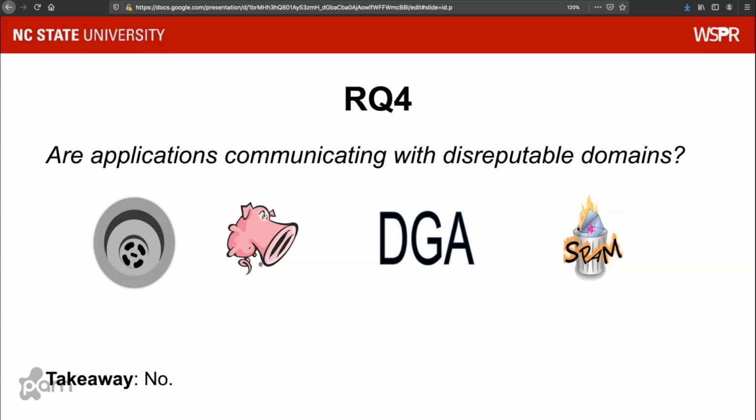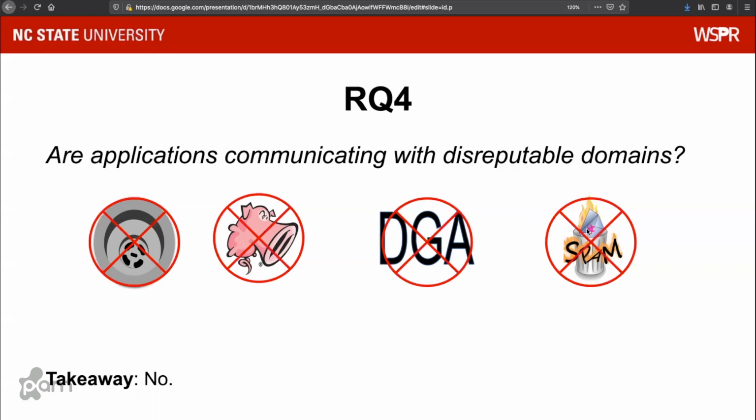And found that none of these things appeared on it, which is great because we don't want things that are really common on popular applications to be talking to these disreputable places.